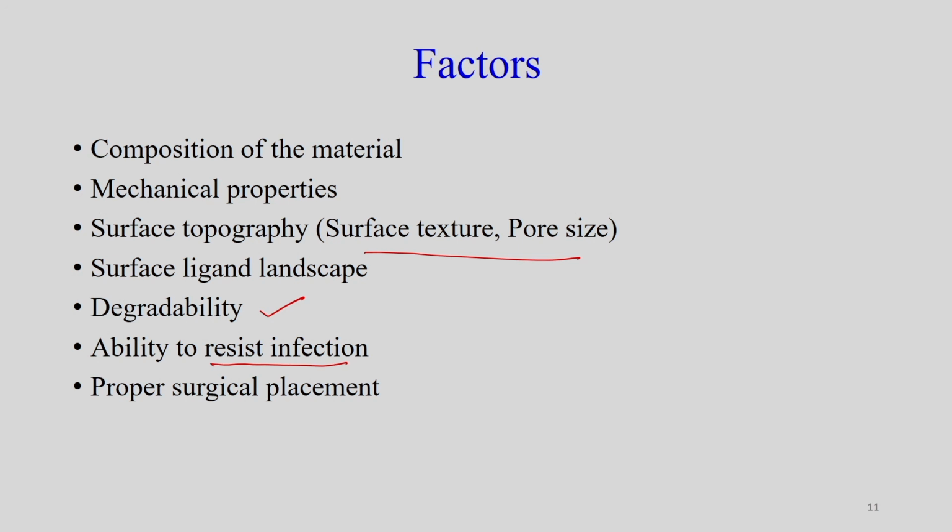It means whether it is susceptible to bacterial contamination or not, and it is obvious that during implantation whether it is properly placed or not also causes the host response, or you can say the foreign body response, which may lead to replacement or failure of that particular implant. So, these are the key factors particularly for the biomaterial implant which regulate the cell surface interactions.